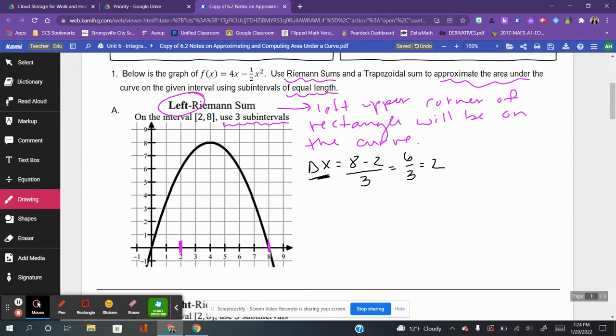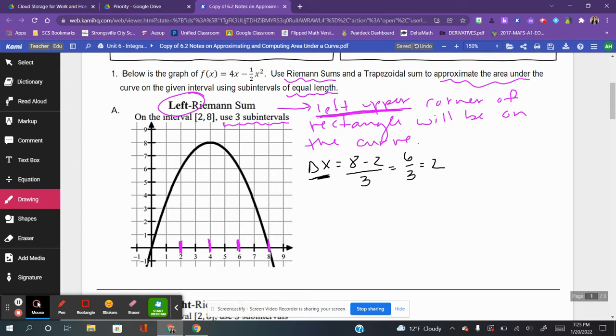The other thing I need to know is where to put the corner of my rectangle. It says left upper corner for a left Riemann sum. What that means is if I split this number line into 3 equal subintervals, every 2 units, each rectangle is going to have a base width of 2.